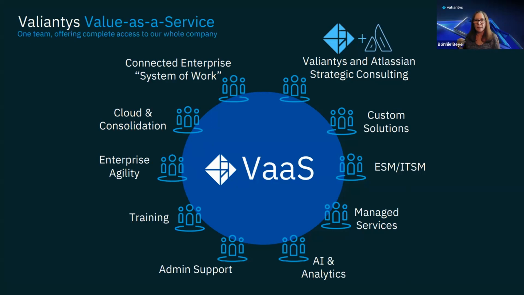And we might be looking at any of these types of activities: consolidations, agile methodologies and training, analytics, managed services, your enterprise service management, or custom solutions. And we have experts in all of these areas. And so the nice thing about a value as a service type contract is, depending on what the topic is, we can then pull in team members to support that activity for those months when we're working on that. And then when we want to move on to a different activity, we'll pull in other team members for their expertise as well.